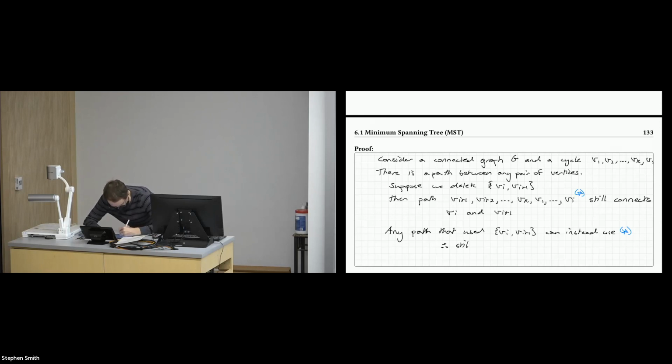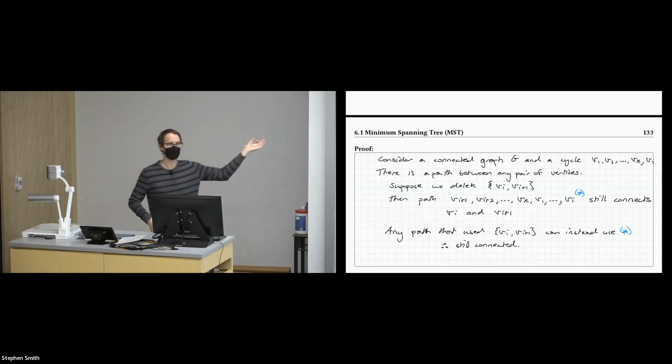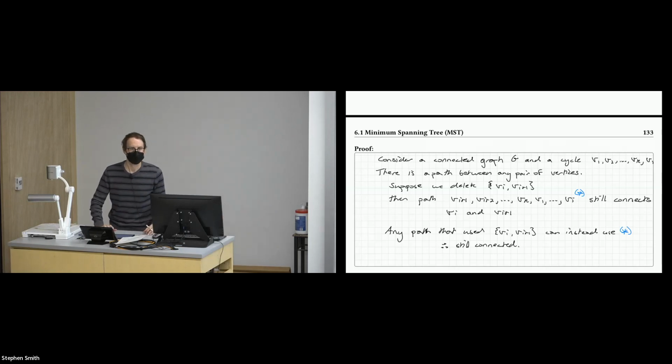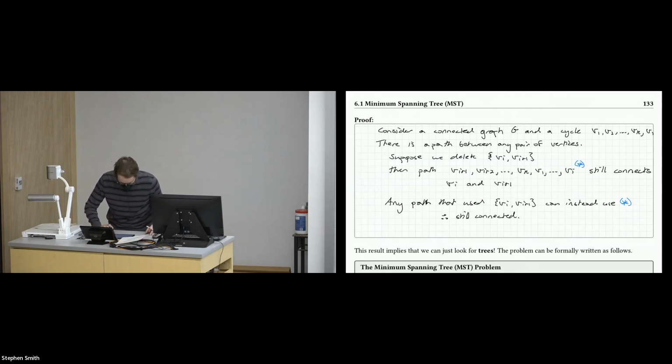Therefore, still connected. Okay, fairly simple argument. Like I said, I think I described it to you in 10 seconds and then took 5 minutes to write it out, but it's still useful to write it a bit more precisely.